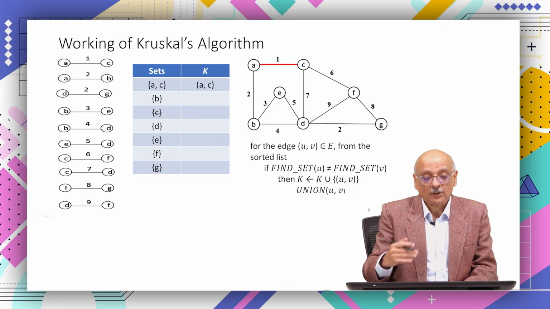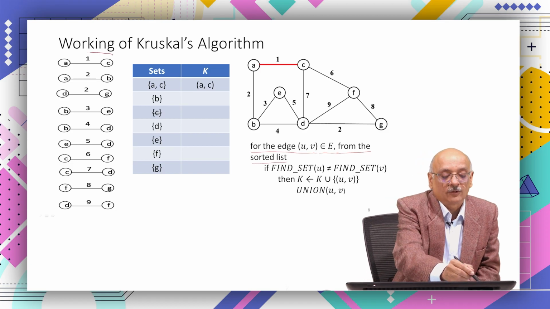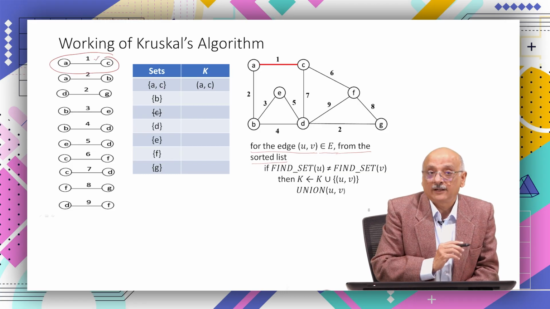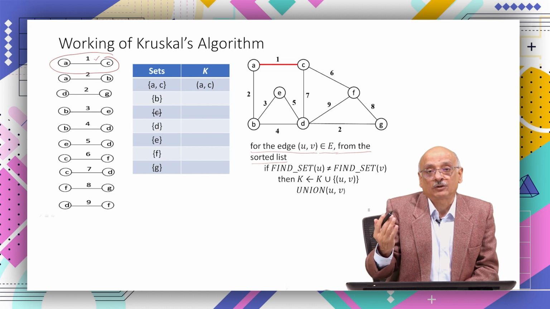Now move to the first step. For the edge UV which is a member of E from the sorted list, this is going to be the edge with the smallest weight, because that is what we pick from the sorted list.